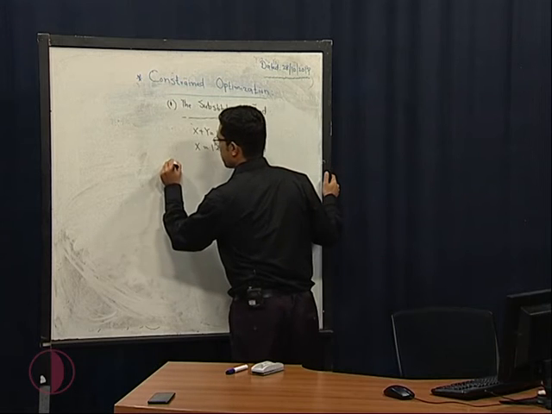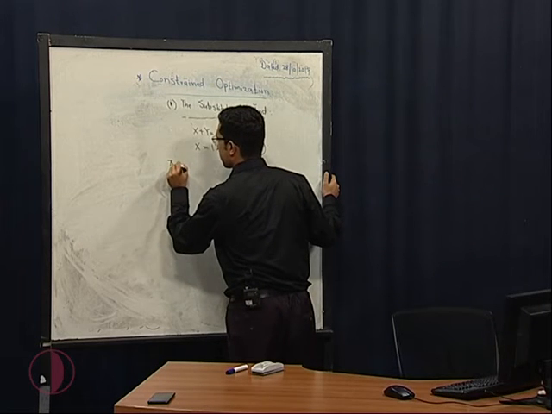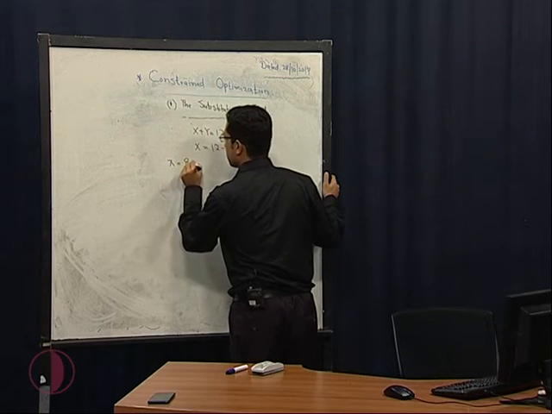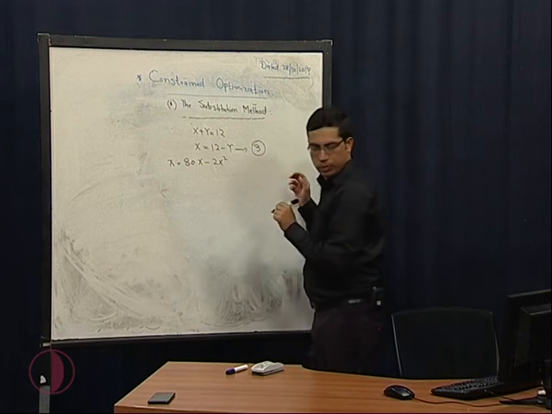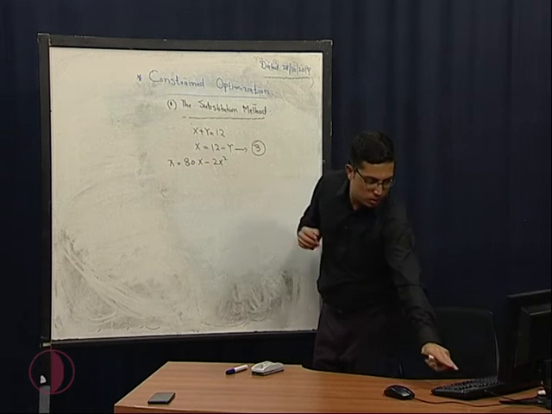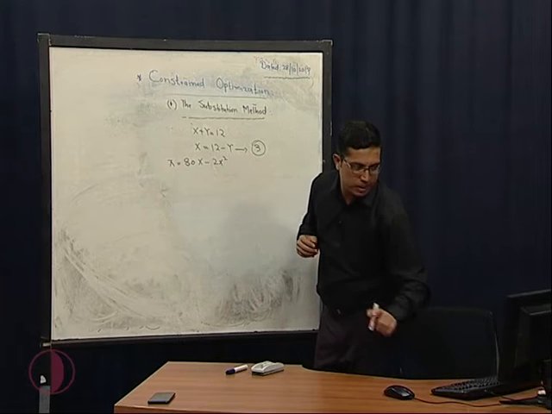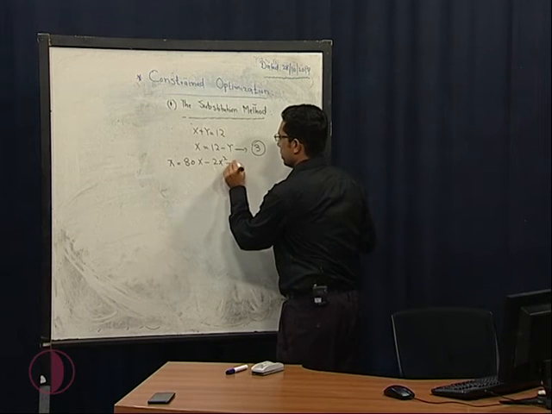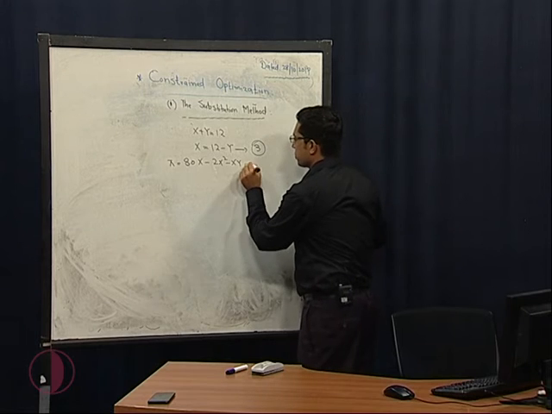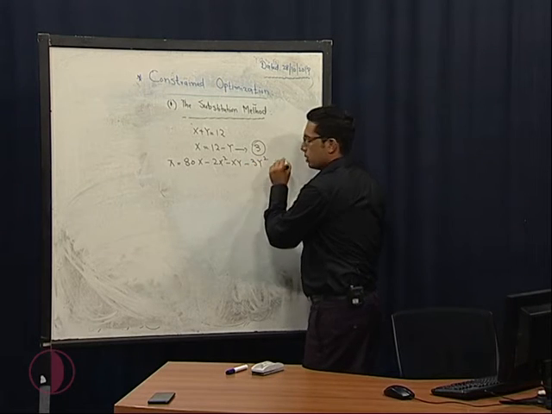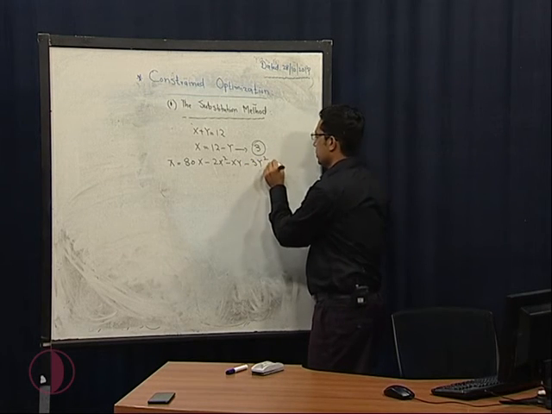So, this was the original function, that profit is equal to 80x minus 2x square minus xy minus 3y square plus 100y.